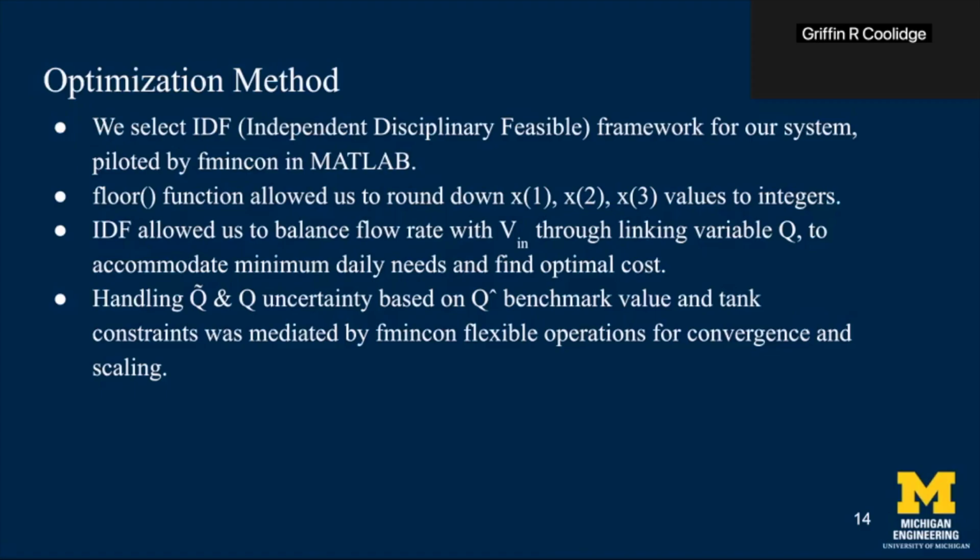As mentioned before, balancing V in with a linking variable Q was really the main challenge we had to face, so using this IDF with the coupling variable allowed us to find the solution that we were looking for. Handling this uncertainty with the Q hat benchmark ended up yielding a valuable output, and we saw a significant increase in our optimality when we combine these systems using this algorithm.